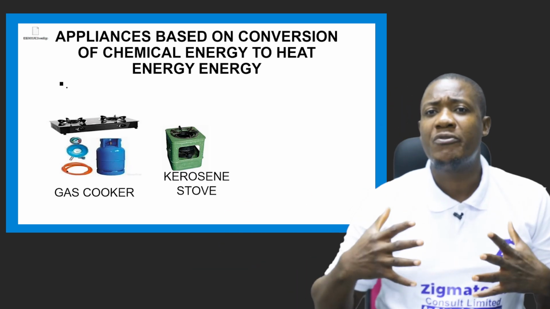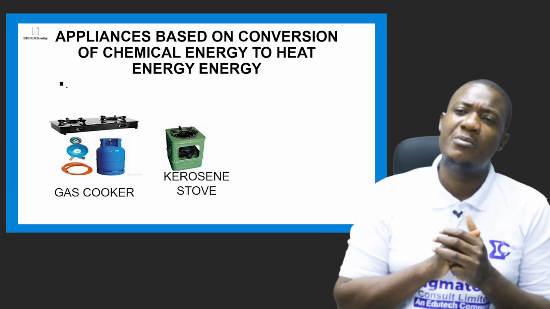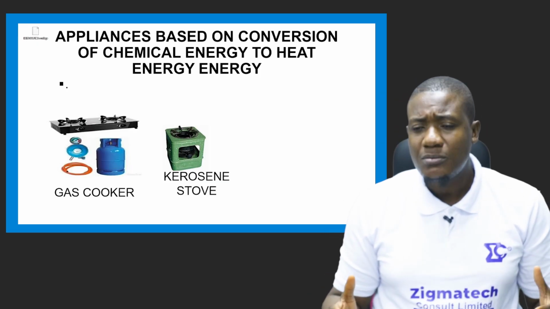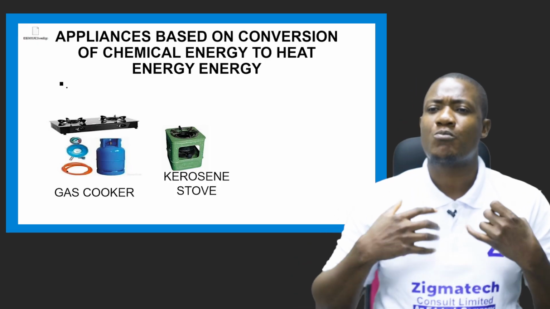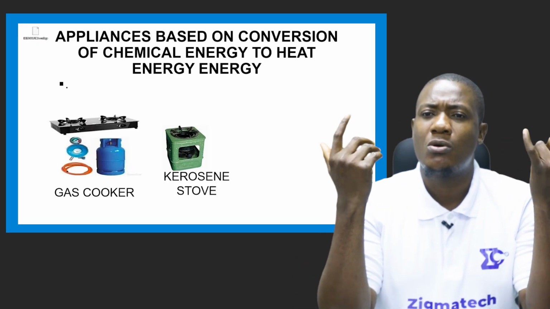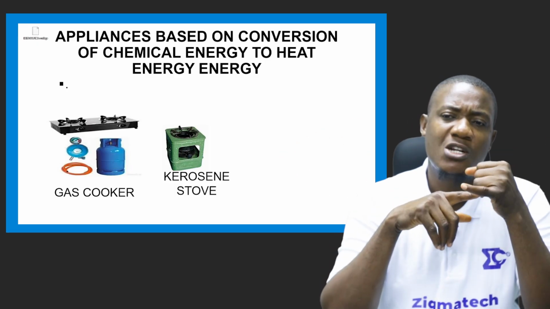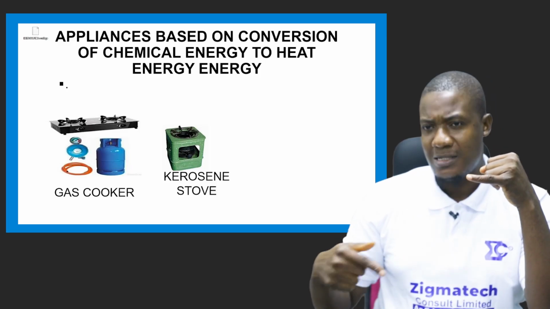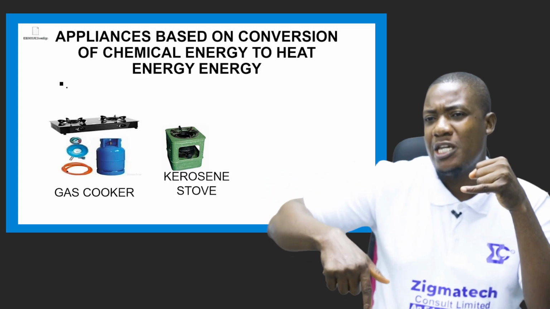Now we have other appliances that are operated based on the conversion of chemical energy to heat energy. Now you know that some devices, appliances like the kerosene stove, convert the chemical energy we have in the kerosene into heat energy.